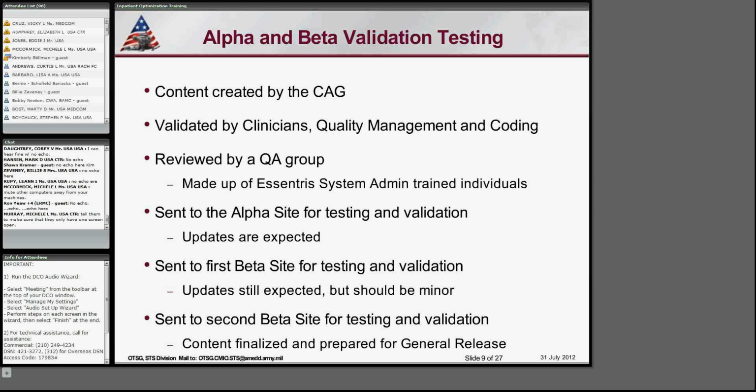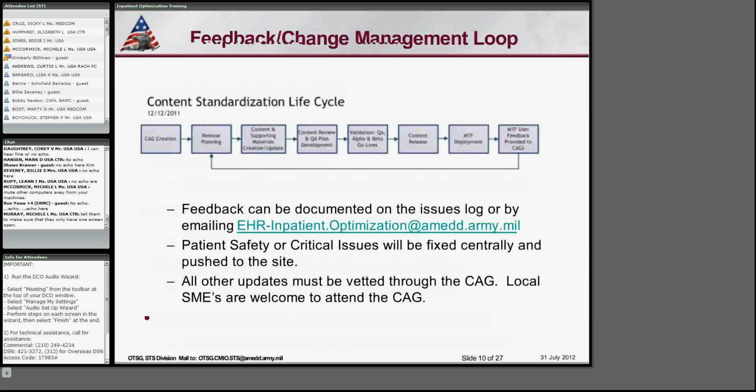The other piece of that MedSurg content that's very important and people are very interested in is the ICE and Melder interface, and CCI is working out some last minute tweaks with that interface. So we have added WIN as the third beta for MedSurg, and at that point when we take it to them, the content should be finalized and being prepared for general release. So depending on the content and what happens with the content, we may add a third beta site.